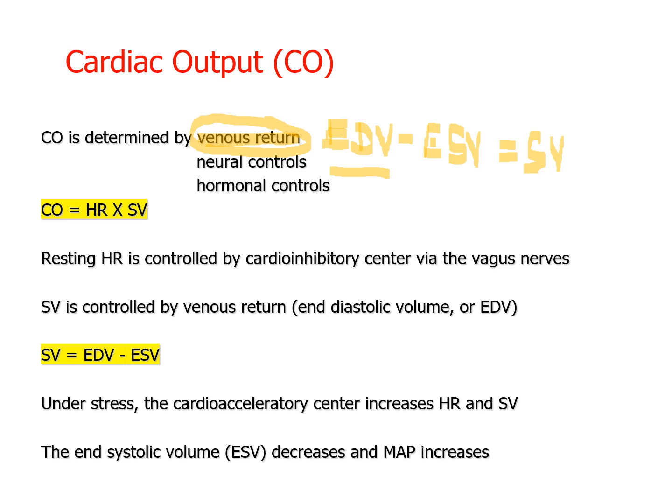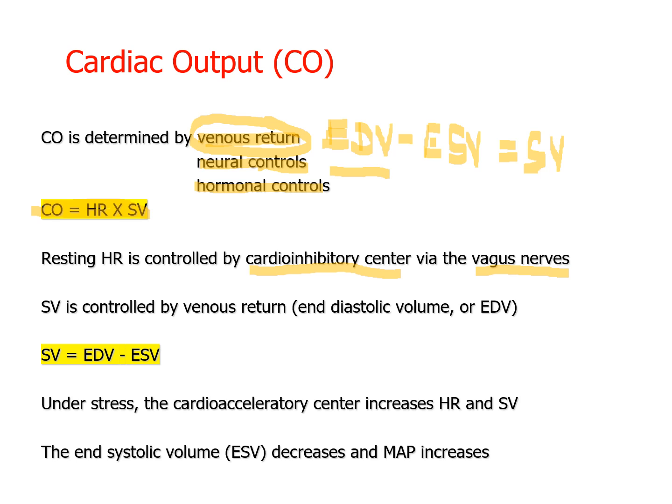There are also neural controls that can affect cardiac output, and also hormonal controls. In the end, cardiac output equals heart rate times stroke volume. A resting heart rate is controlled by the cardiac center in the brainstem, mostly the cardioinhibitory center. It is receiving inhibitory signals coming from the vagus nerve. These are parasympathetic signals that slow down the heart.